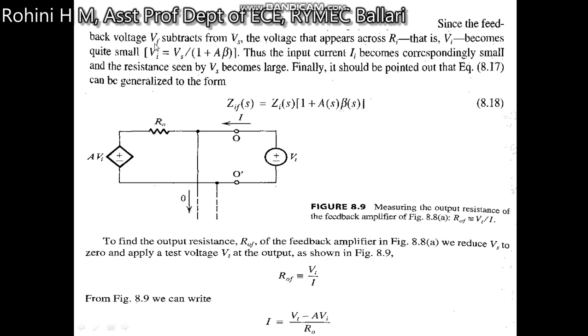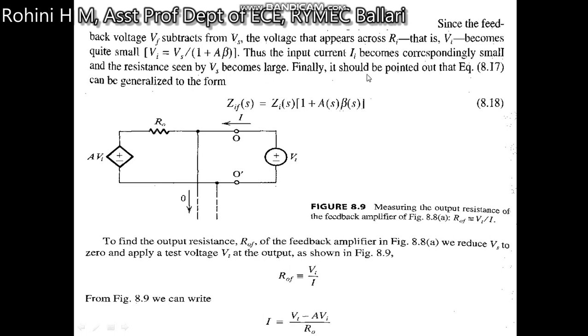So Vf is subtracted from the source signal Vs, and the voltage that appears at Ri, that is Vi, becomes quite small. Why? Because Vi is equal to Vs minus Vf. So Vi is equal to the applied signal divided by the amount of feedback, so Vs divided by 1 plus A beta. Thus the input current Ii becomes correspondingly small and the resistance seen by Vs becomes large.